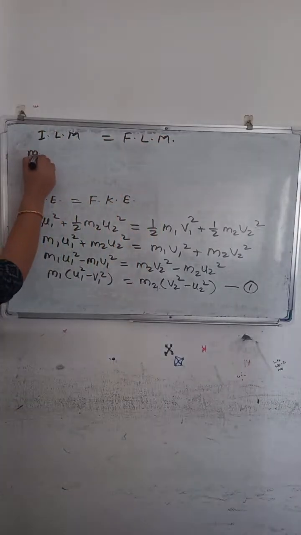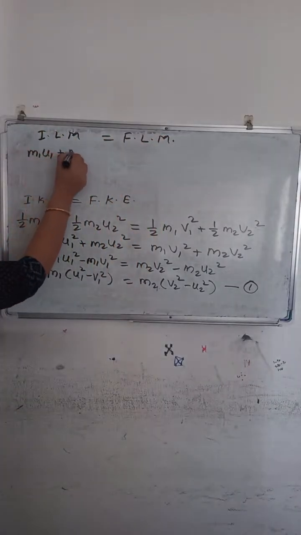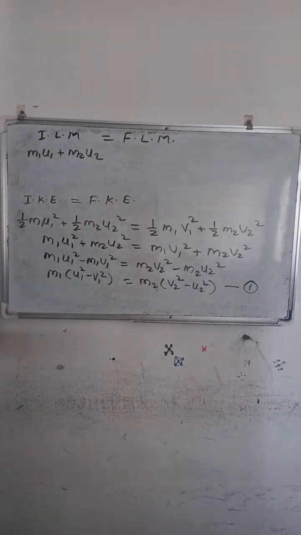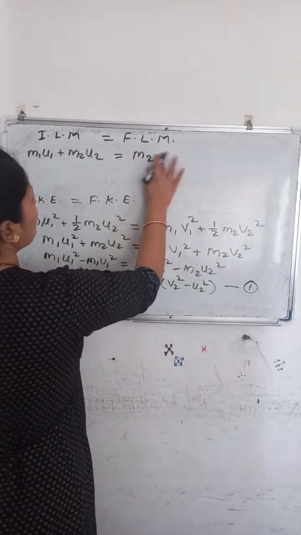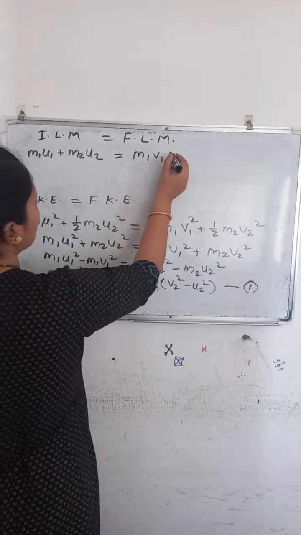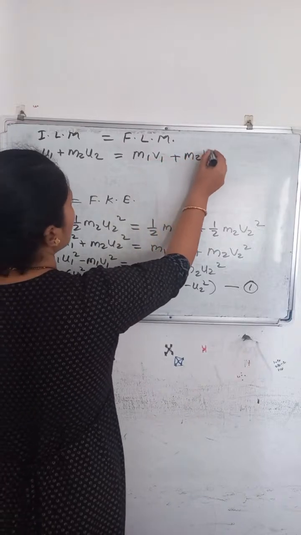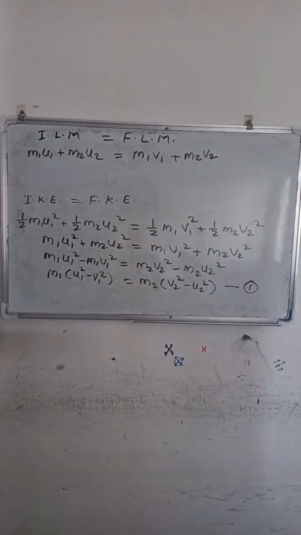So here m1 u1 plus m2 u2, this is initial momentum, and then final momentum, that is m1 v1 plus m2 v2. I just expanded this linear momentum formula over here.